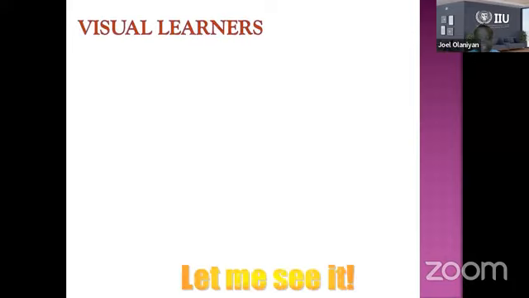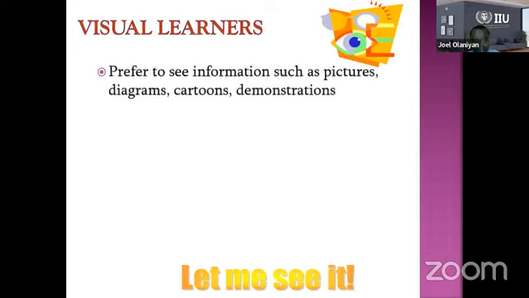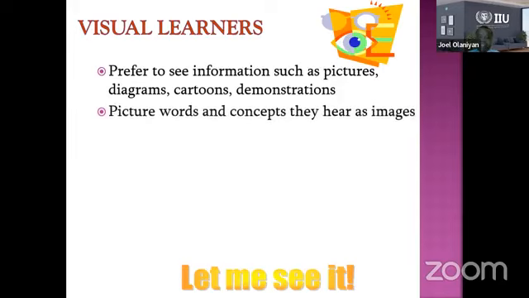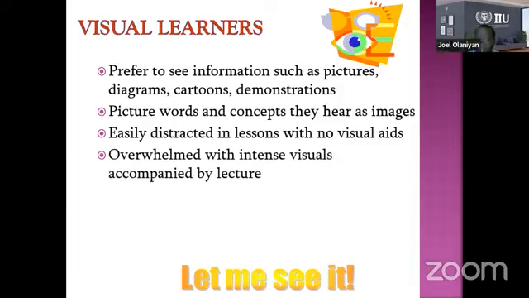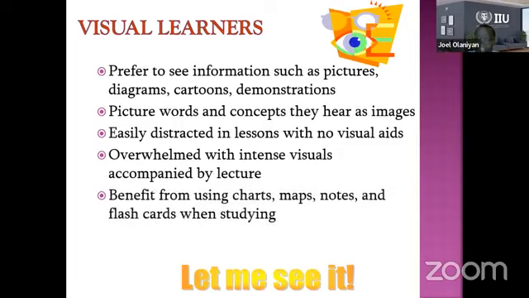Let's move on to the next subtype. Those are the visual learners. They prefer to see information such as pictures, diagrams, cartoons, demonstrations. They prefer to see picture words and concepts that they hear as images. They easily get distracted in lessons with no visual aids. And they are overwhelmed with intense visual accompanied by lots of lecture.